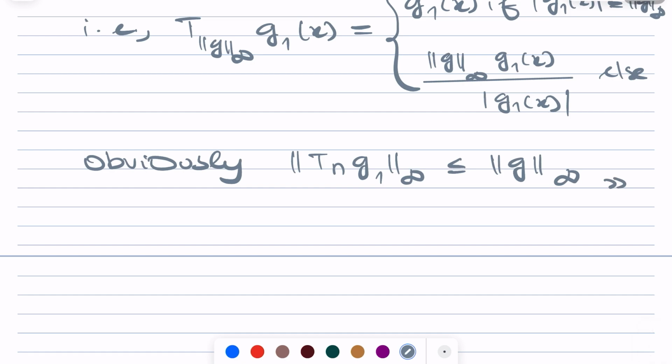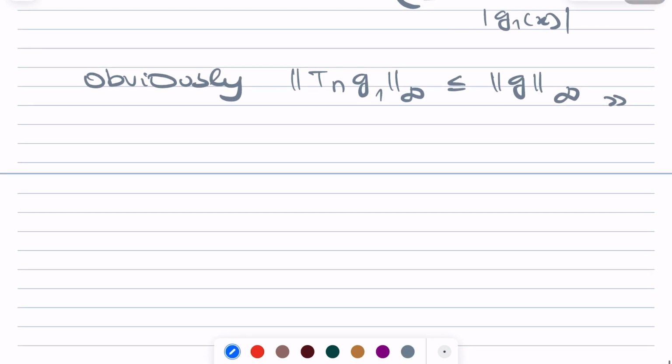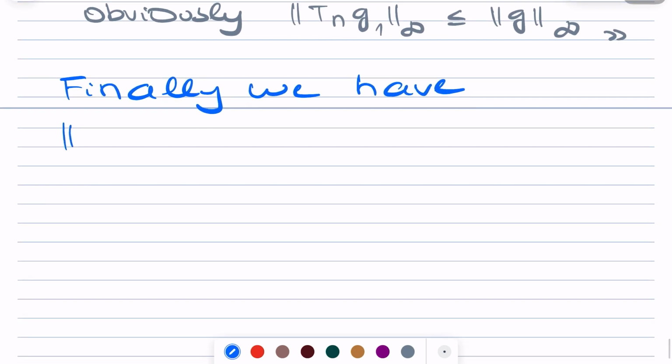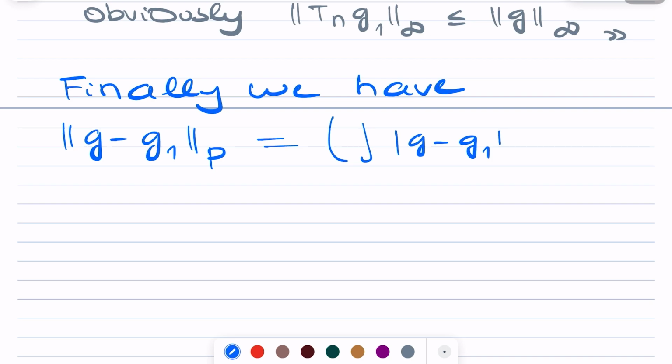Good. So finally, we have the norm of g minus g1, this is the LP norm. By definition, this is the integral of, this is just a short notation again, so don't get confused.